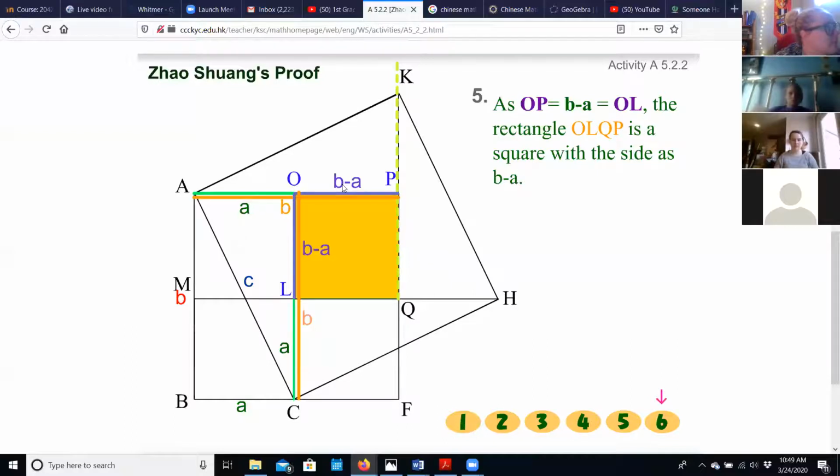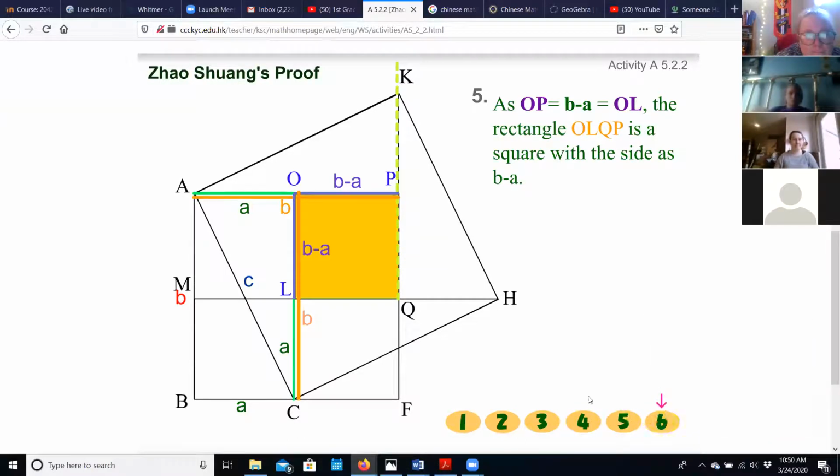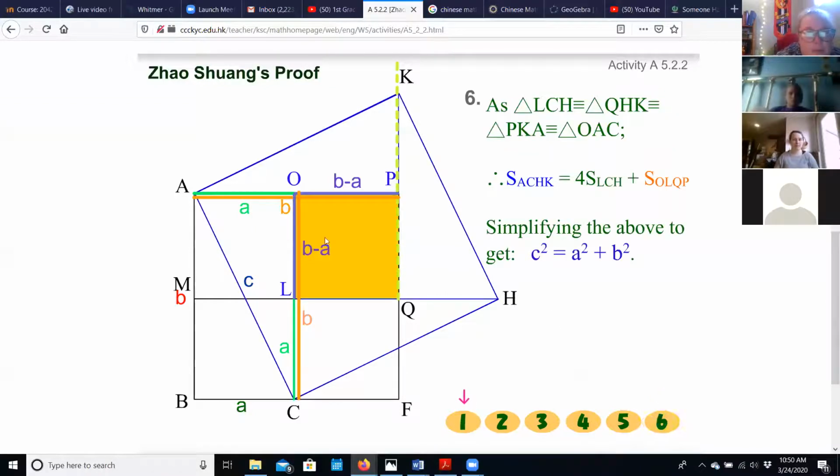Y'all see them? Mm-hmm. And then this blue square, obviously, would have area of C squared, right?